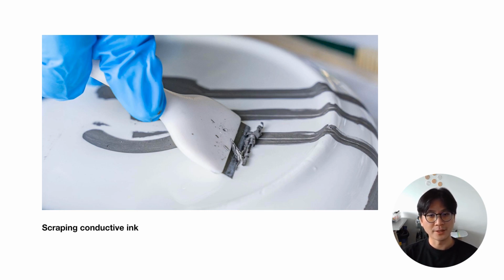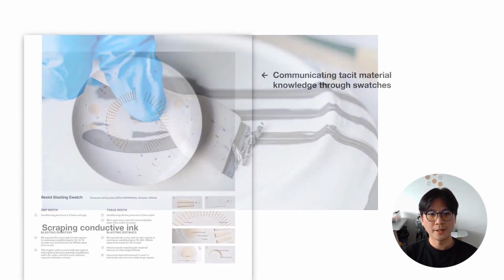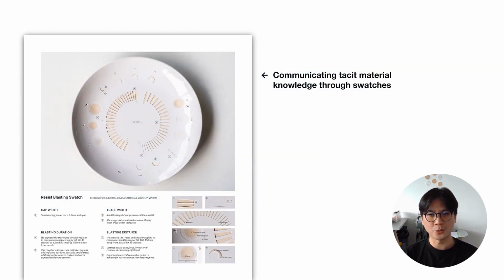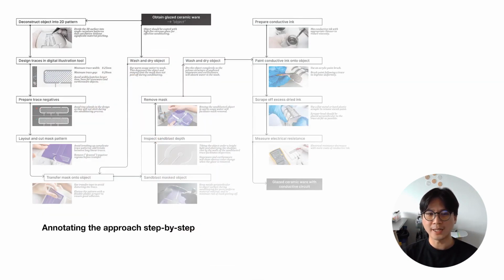And, just as we learned a lot from the tools and processes of ceramic craft and resist blasting, we also found ourselves contributing back to the craft. As researchers, we were interested in communicating the tacit material findings to others so that they might replicate our work. To that end, we made a series of ceramic swatches that systematically documented the qualities of resist blasting, as well as annotated the approach step by step.